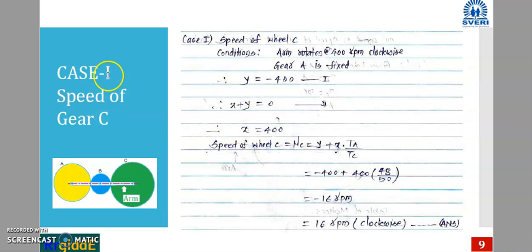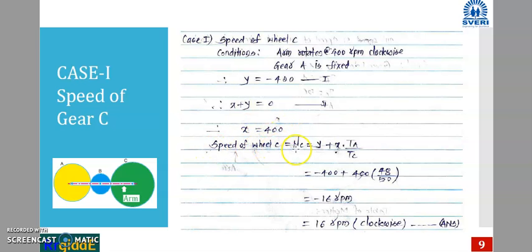Now case number 1, speed of gear C. Speed of wheel C, conditions are given. Arm rotates at 400 rpm clockwise, gear A is fixed. So therefore y is equal to minus 400, that is the first equation, x plus y is equal to 0, that is the second equation. From these two equations, x is equal to 400.